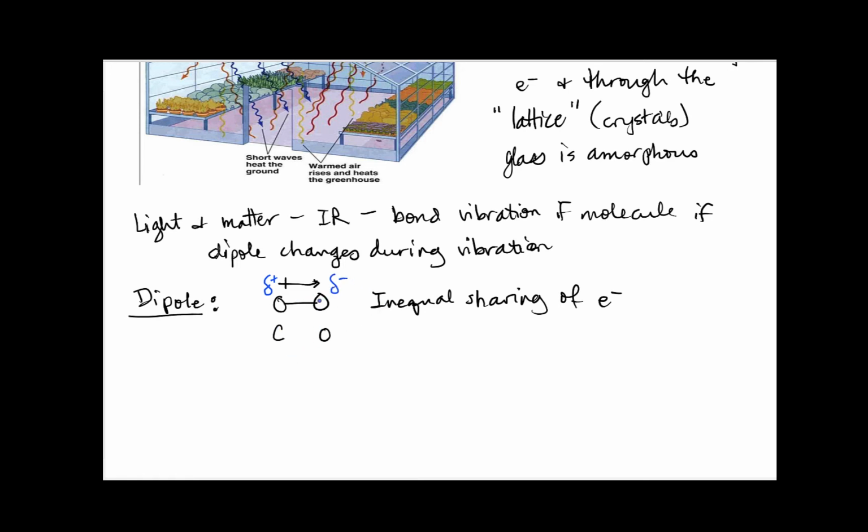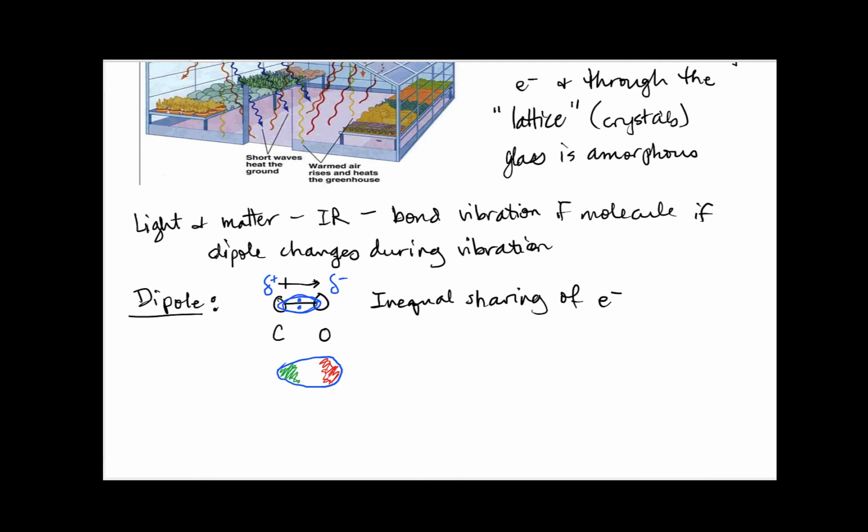And if you want to visualize this, you can think about that bond. So this little blue bubble is going to be our two electrons, right, that are being shared by these two atoms. But instead of an equal sharing, we get more electron density over here on the oxygen and less electron density over here on the carbon.